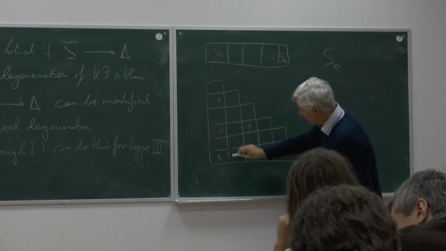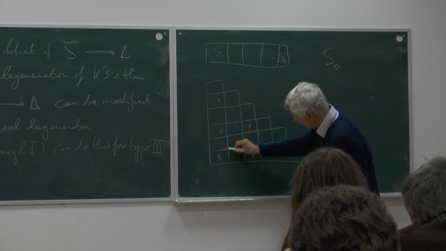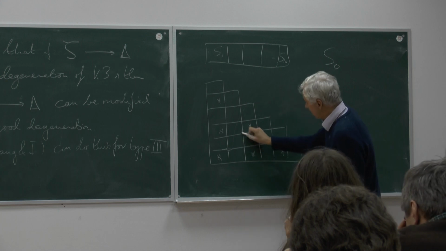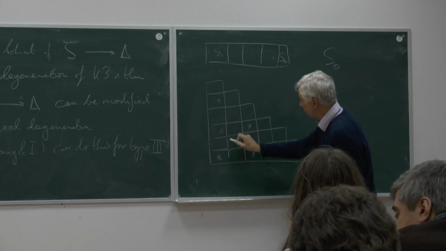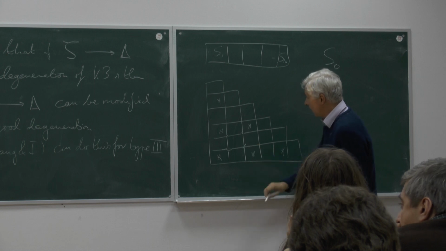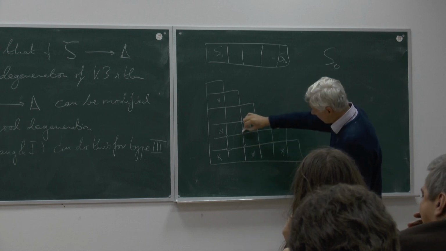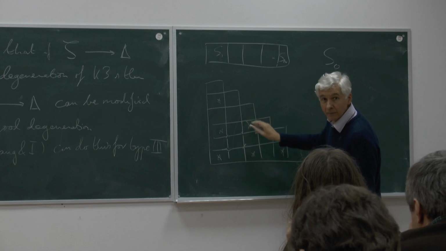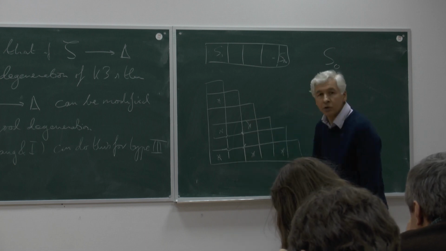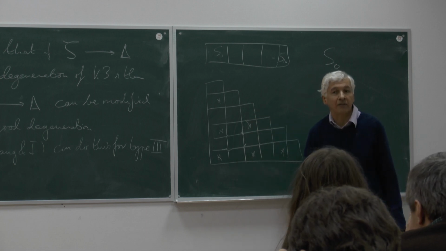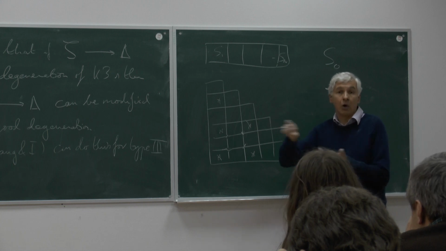So what happens is he replaces that corner with something like this. And of course that choice isn't the only choice he could make. If he blew up this one instead, then he'd be doing some kind of flop at this point. But you should expect that. You shouldn't expect these things to be unique at all, because you should be able to do flops.